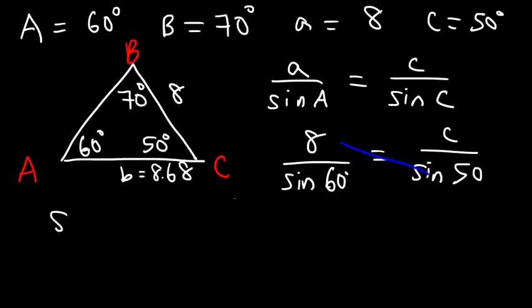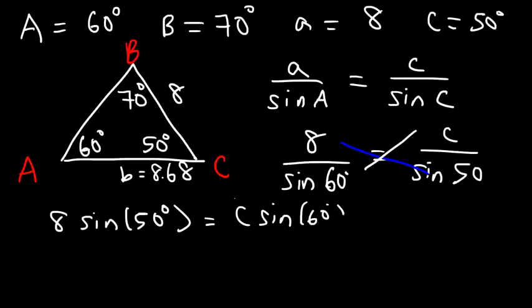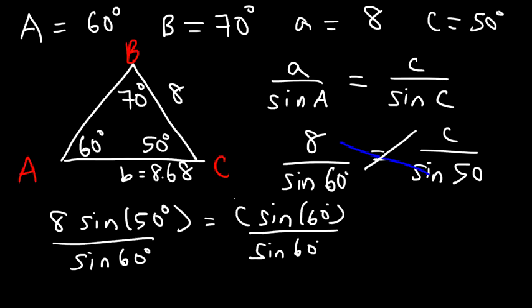So this is going to be 8 times sine of 50, which is equal to C sine 60. So now let's divide both sides by sine 60. So C is going to be 8 times sine of 50 degrees divided by sine of 60 degrees. So C is equal to 7.07. And that's it. That's how you can find everything in this triangle. That's how you can use the law of sines to find the missing angles and missing sides.